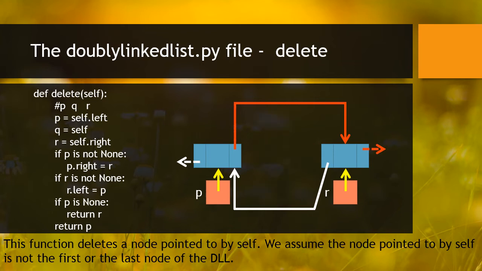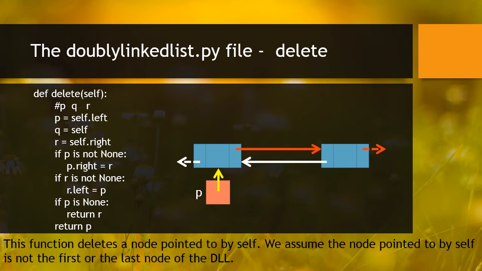And now let's rearrange the picture. We have deleted the middle node and now we have a pointer to the node on the left. And this node points to the node on the right. If P is none?